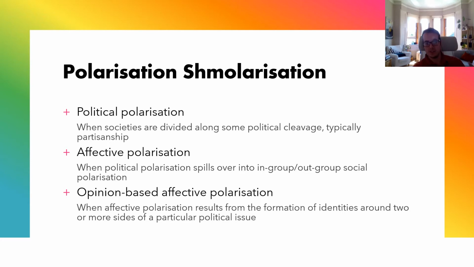So rather than just disagreeing with the other side, you start to dislike them personally, you start to avoid them socially, and so on. And then opinion-based affective polarisation is when this type of polarisation results from the formation of identities around opinion-based groups. So it's not political parties per se. The current most salient example that would be known to political scientists would be the Leave and Remain sides in the Brexit referendum, and that's something that we're building on with this paper.